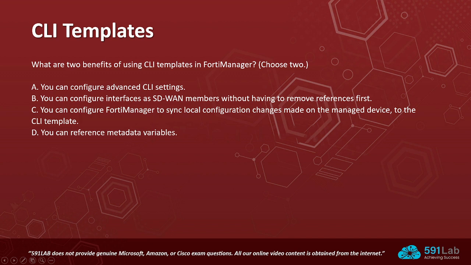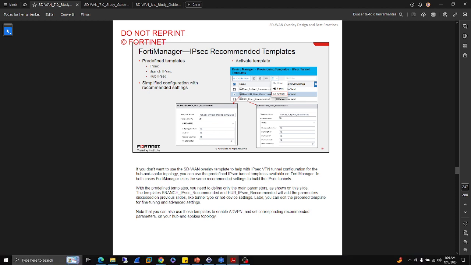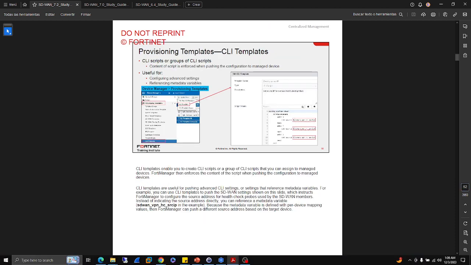So if we take a look at the documentation, we can go to the page, and as you can see on provisioning templates, we have create script or groups, and that is useful to configure advanced settings and reference metadata variables.